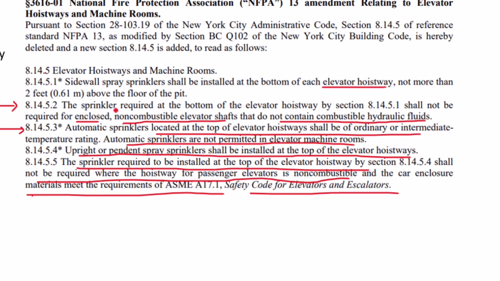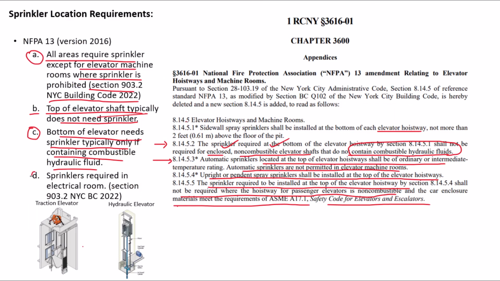So all these three cases have to be true for the sprinkler to be omitted. And I have never seen an elevator that was not enclosed. Most of the shaft is made of concrete. So usually these two points are true. So usually the only time that you need a sprinkler at the bottom of the hoistway is if it contains combustible hydraulic fluid.